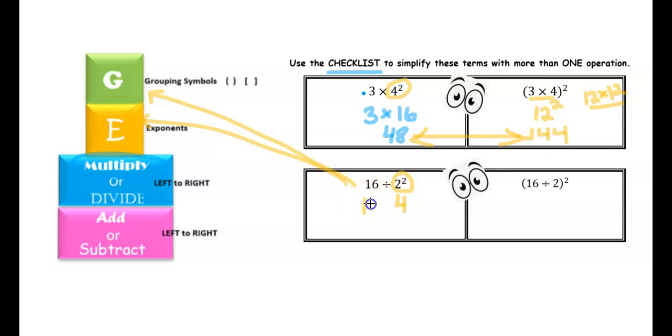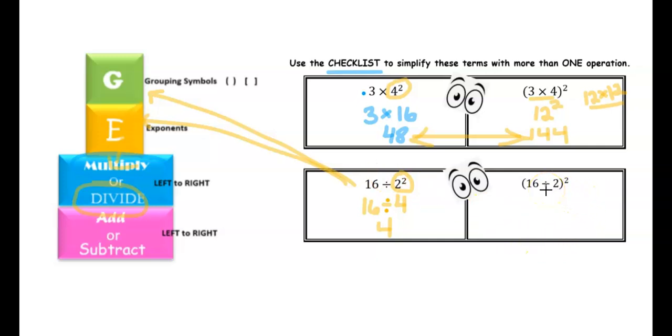I haven't done the 16 divided by yet because it's lower on the list. It's down here. It's after exponents. We divide after exponents. 16 divided by 4 is 4. And it's the only thing left, so you know to do it last. Exponents before division. Looking at our checklist when we have a term with more than one operation, a nested term.